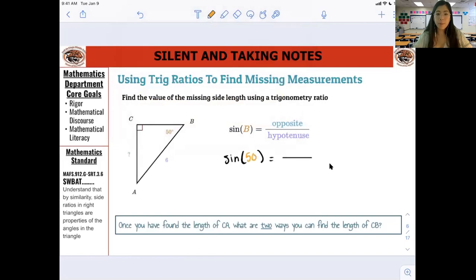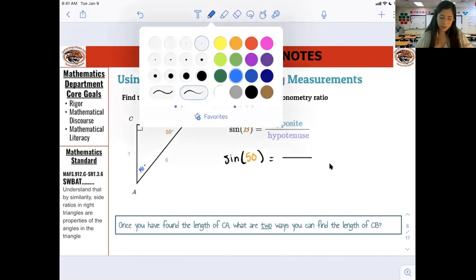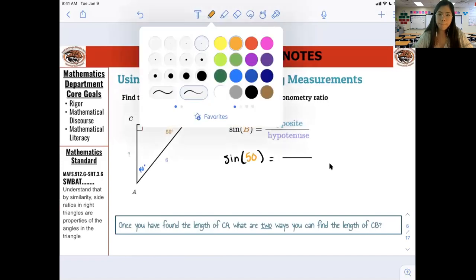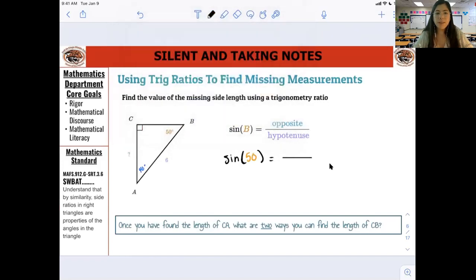And we're looking at sine of B. So even though, Perla, you're right, A is 40, that's not what we're looking for. So we're sticking with B. What's the opposite of B? What's the opposite side? It's the question mark, right? So I'm going to put x there. And the hypotenuse is 6.